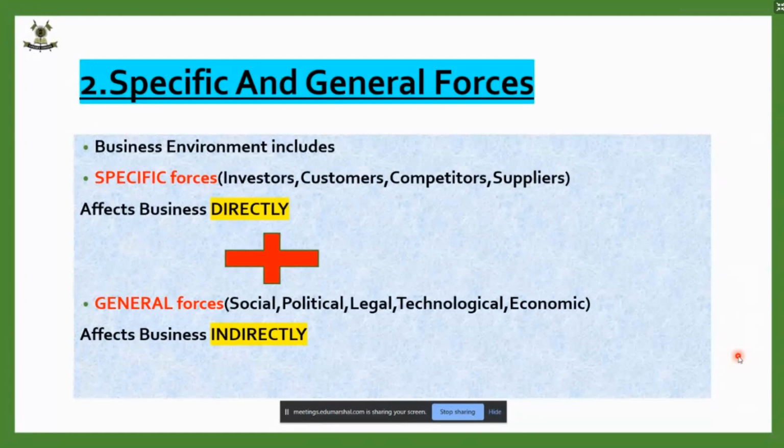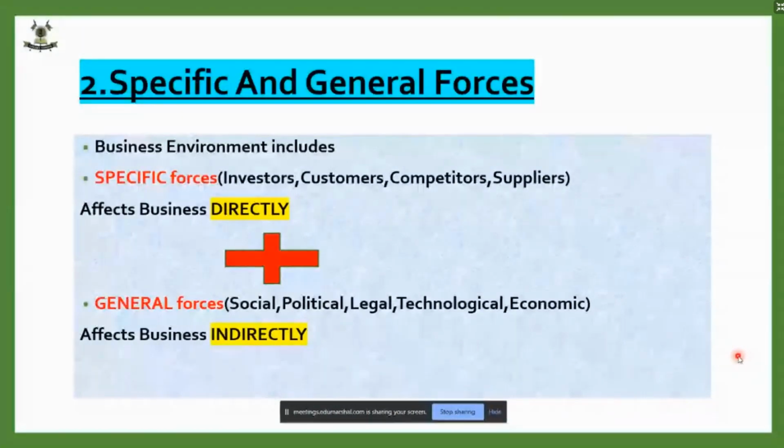If the competitors come into the market, there is going to be competition. You need to play very hard and spend a lot of money on marketing, because now it's a warning coming to you that the competitors are there in the market. If the suppliers are not supplying the raw material in time, the production will be affected.